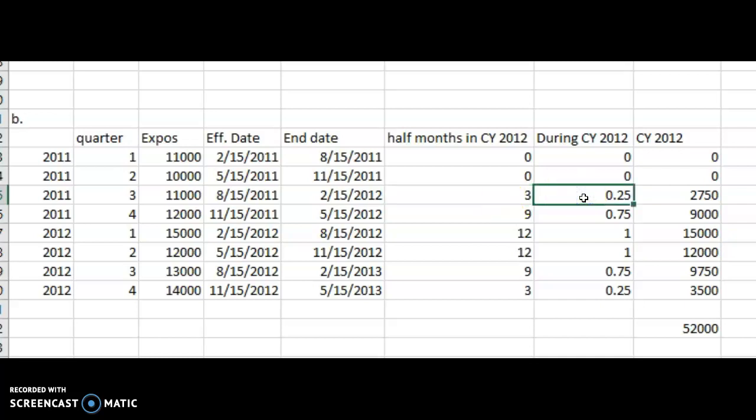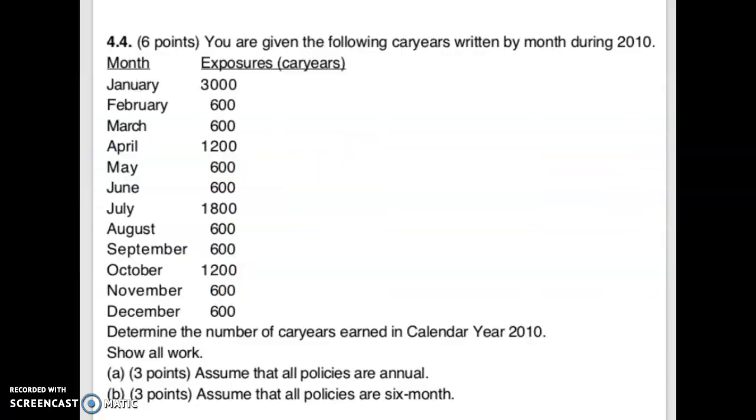So now we got the proportion. Next, we multiply the proportion by the exposure, and then we get the exposure for each policy. When we sum it up, we can get the answer.